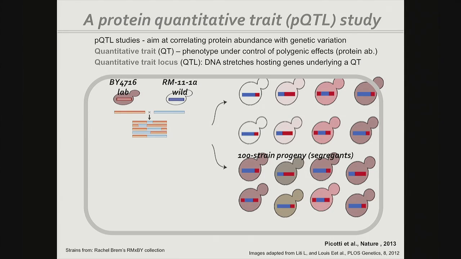So if these genomes are mapped out, one can generate maps of segments which are either from the one parent or from the other. And if one then measures protein abundances over these strains, one can make a correlation or association. Let's say the blue allele leads to a high level of expression of the protein at a particular locus, and the red allele leads to low expression at this locus.